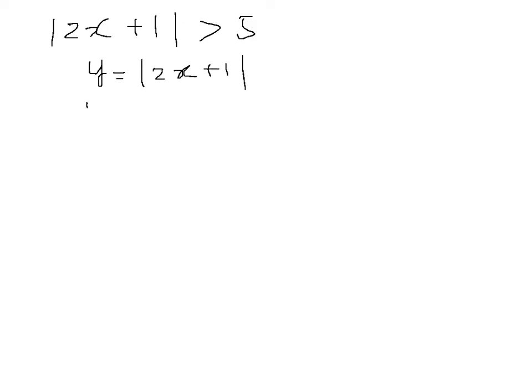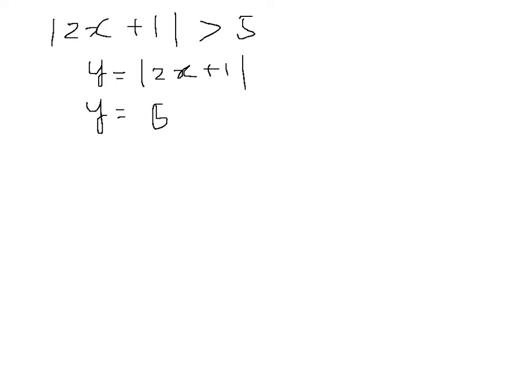For example, let's say we have the absolute value of 2x plus 1 is greater than 5. The first thing we do is split this into two graphs so that we can draw it: y equals the absolute value of 2x plus 1, and y equals 5.